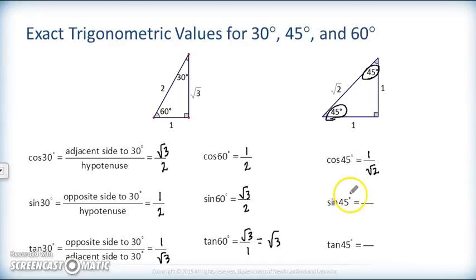And similarly, the sine is the opposite side for either 45-degree angle, so that's a 1, and the hypotenuse is root 2. The tan of 45 degrees is opposite, which is 1, over adjacent, which is 1, which gives us 1 over 1, equal to simply 1.